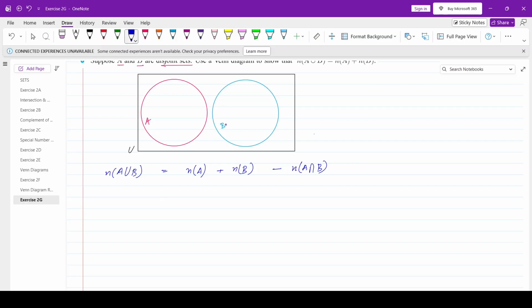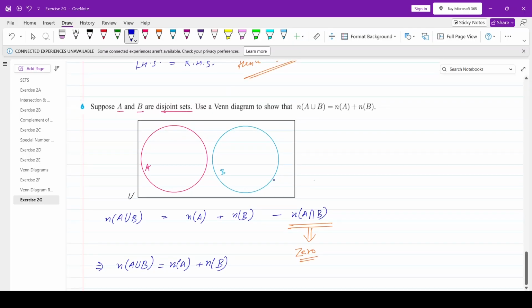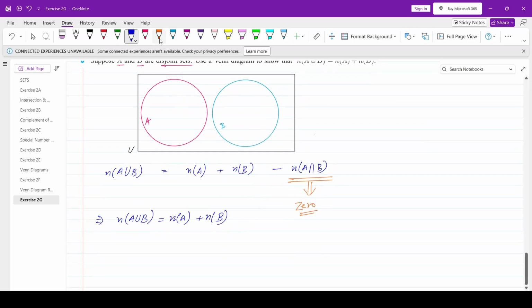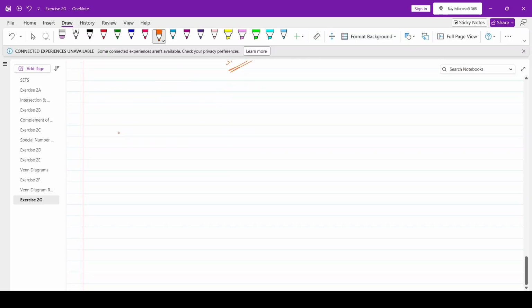And from this Venn diagram, can we say that the number of elements in A intersection B is 0 because they do not overlap each other. Hence, the number of elements in A union B is equal to the number of elements in A plus the number of elements in B. Hence shown. Let's move on to the next question.